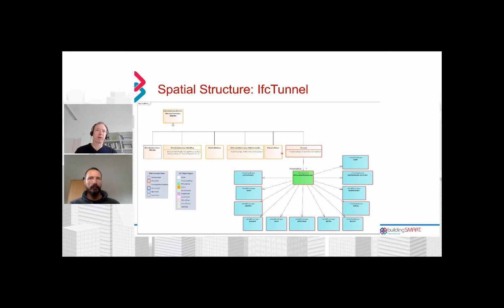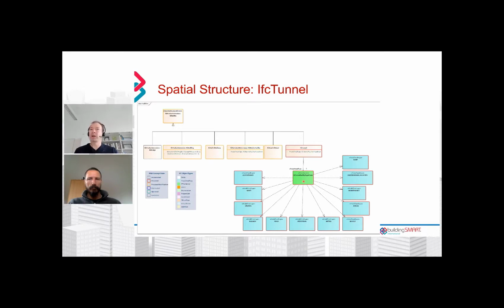And while mirroring these approaches, now we have also an IFC tunnel. Of course, we have different types of tunnels, and this is reflected by the facility type enumeration. So this is a predefined type.